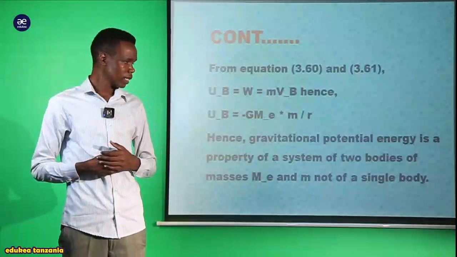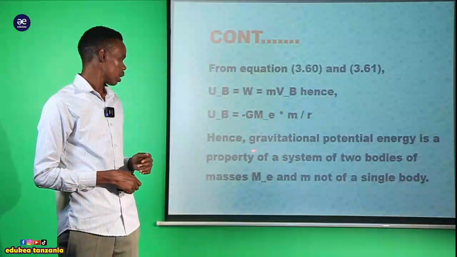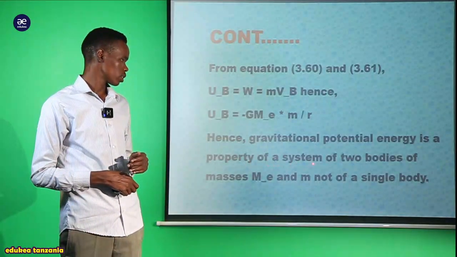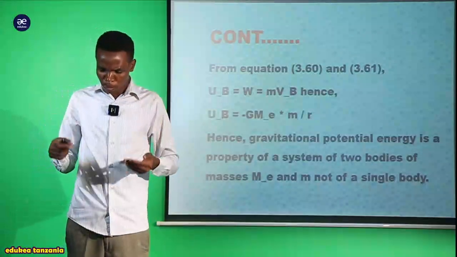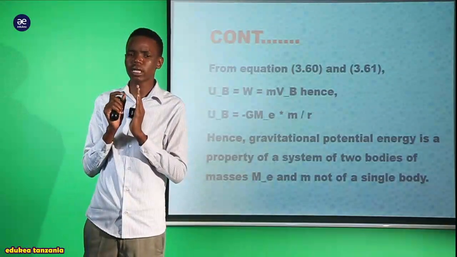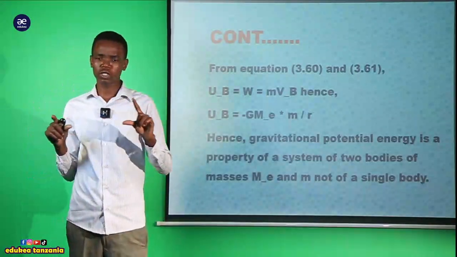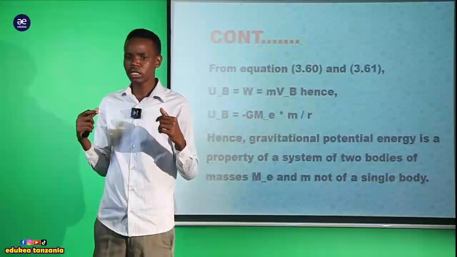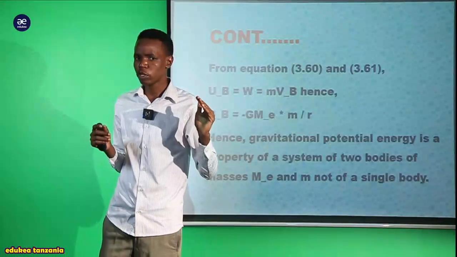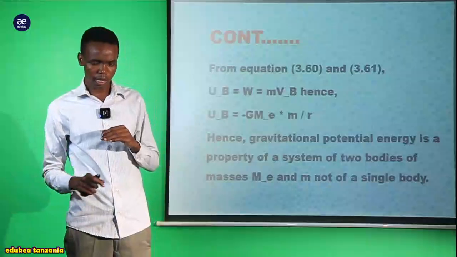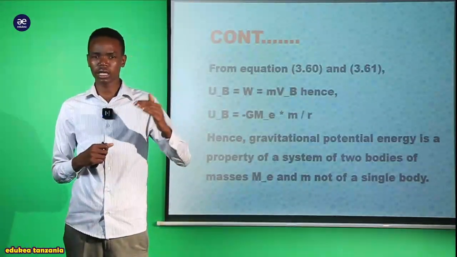So, my dear student, the gravitational potential energy is a property of a system of two masses. We conclude that this is a property of the system. It means it appears between the two bodies: the mass of the Earth and the mass of the body placed at a certain point.